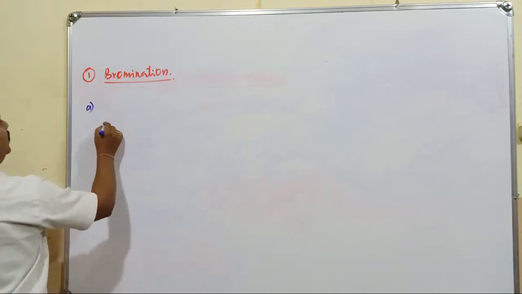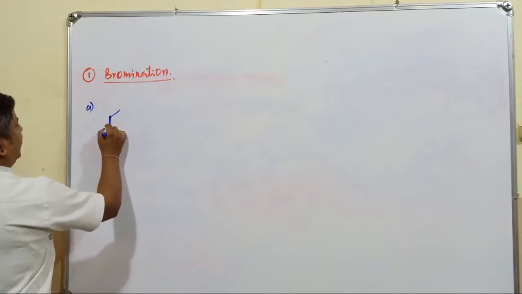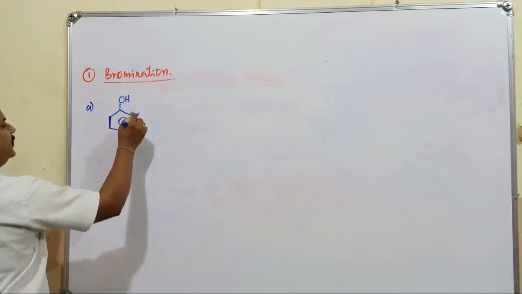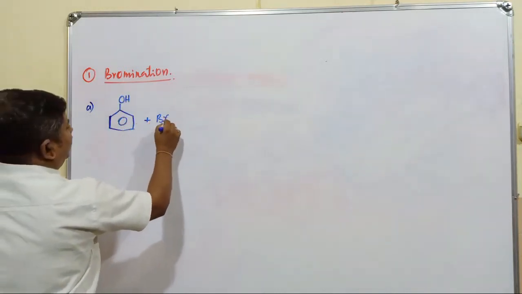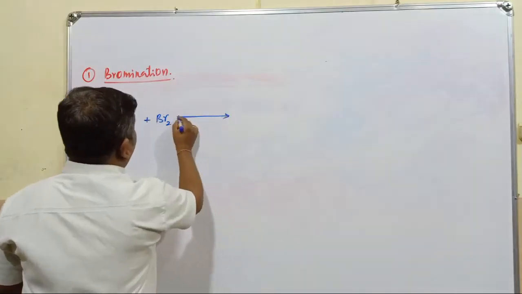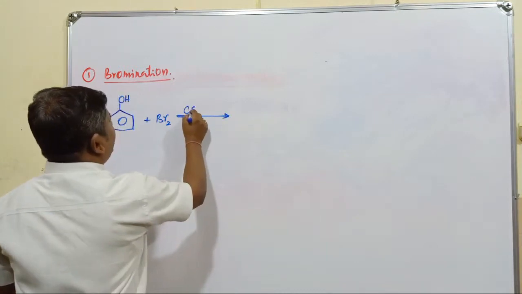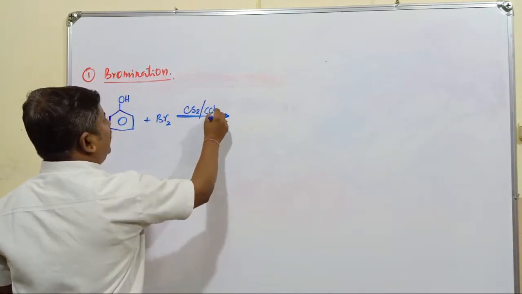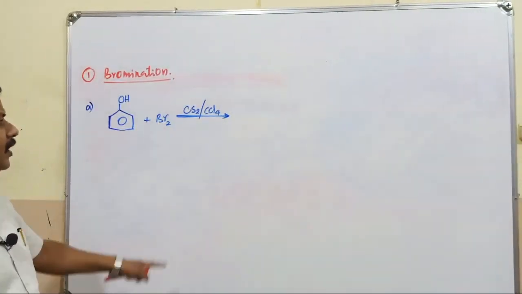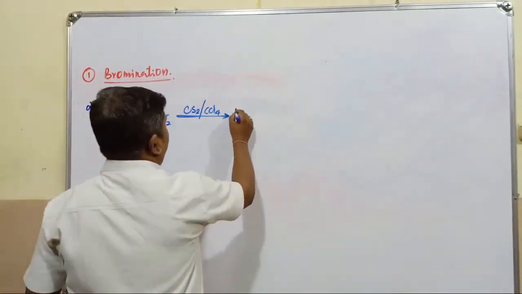First one, I am writing separately, when phenol is treated with bromine, Br2, in presence of CS2 or CCl4. What's the name of CS2? Carbon disulfide, or carbon tetrachloride.